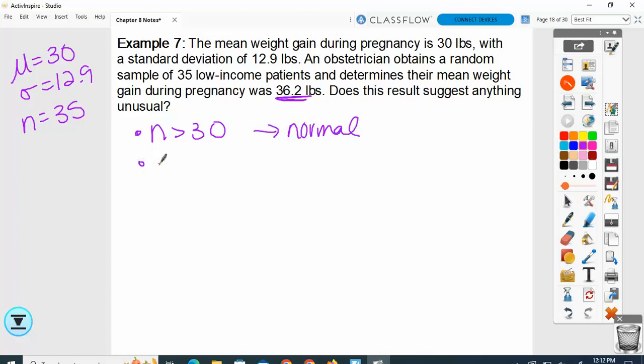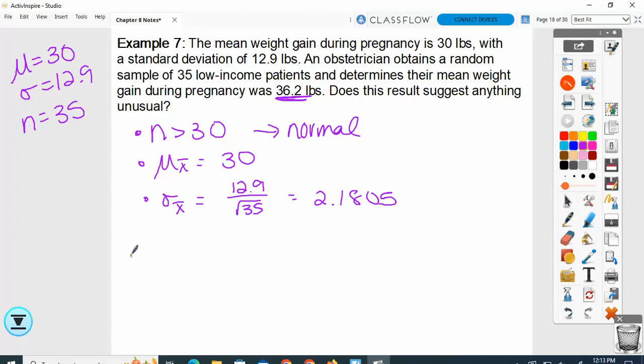All right, the mean for my sampling distribution of means would be 30. Standard deviation, 12.9 divided by the square root of 35, gives me 2.1805. Okay, so to decide if this is unusual, unusual means what?